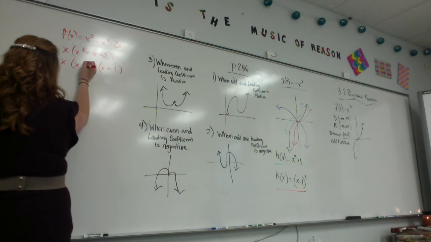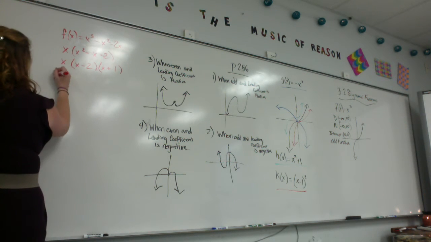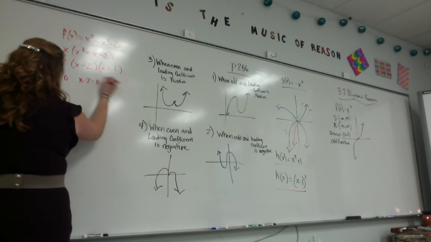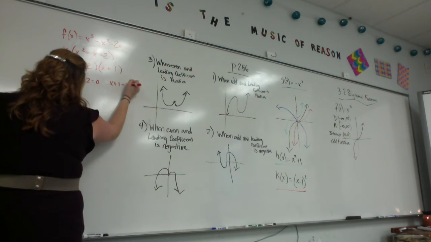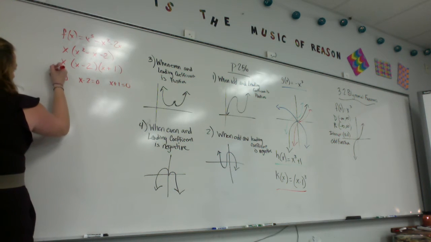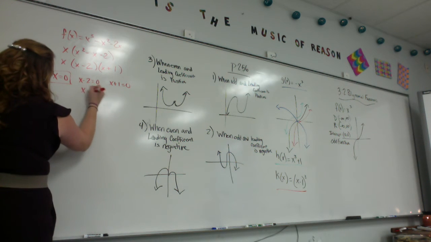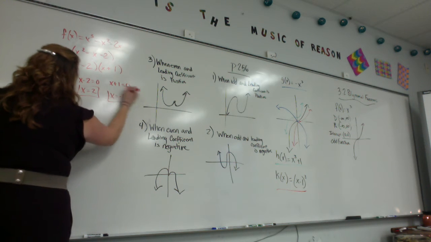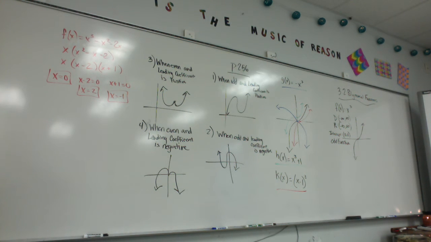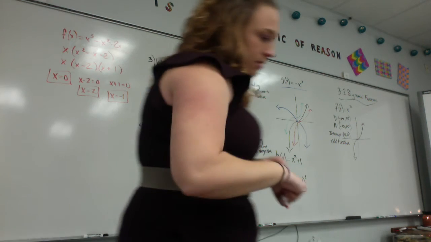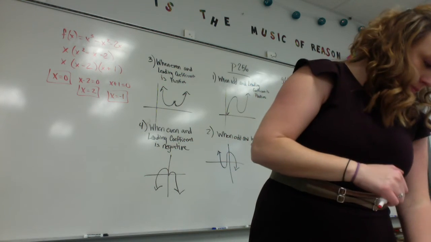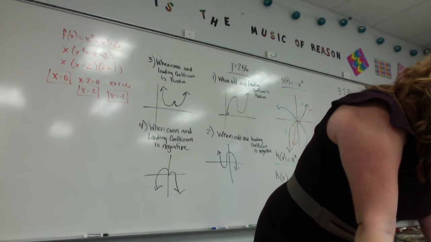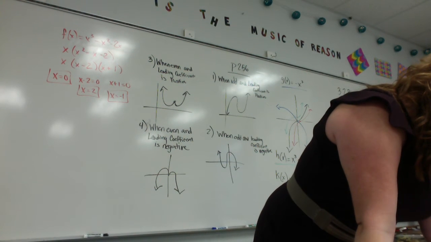This is positive, this is negative. So I set all these equal to 0: x equals 0, x minus 2 equals 0, and x plus 1 equals 0. So my zeros are x equals 0, x equals 2, and x equals negative 1. You're going to have to algebraically solve for zeros.